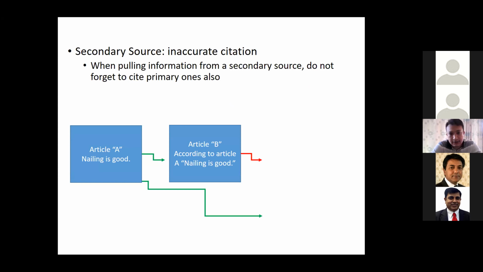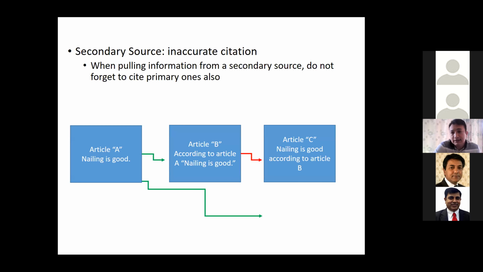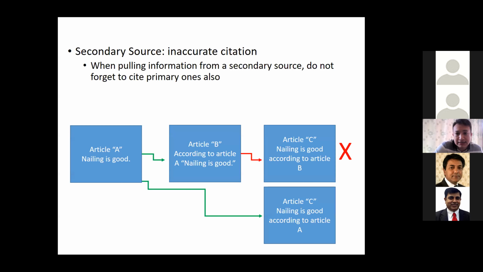This is right. This is okay. But in article C, if it says that nailing is good according to article B, then it is wrong, because article C must cite that nailing is good according to article A.